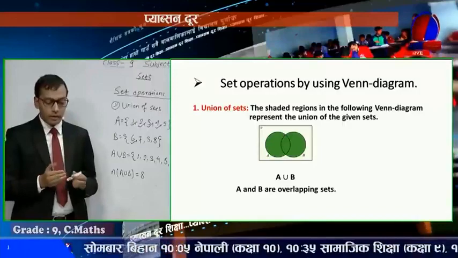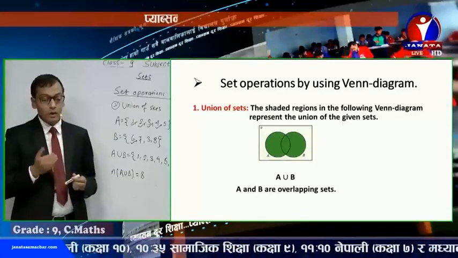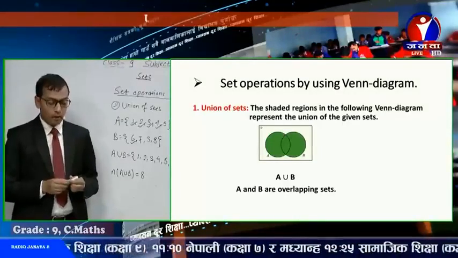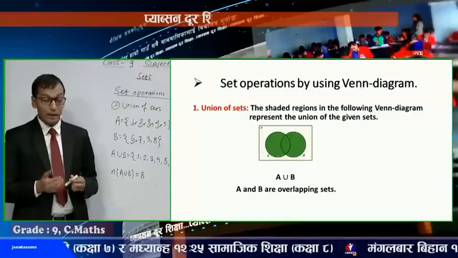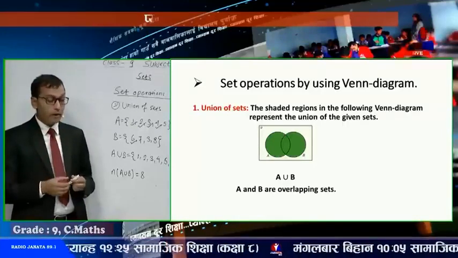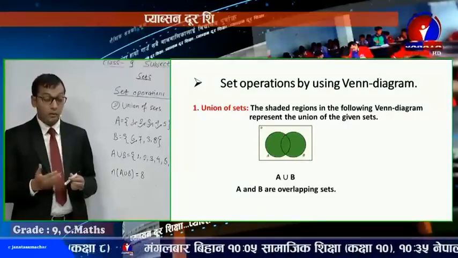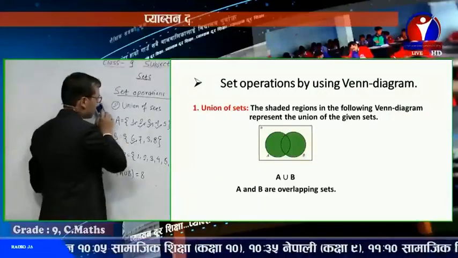There are two subsets of universal set U, which are A and B. As we know, there are three different regions under A union B: only A, the intersection, and only B. All these three regions are shaded in the diagram, which represents A union B. Now let me move to the next.